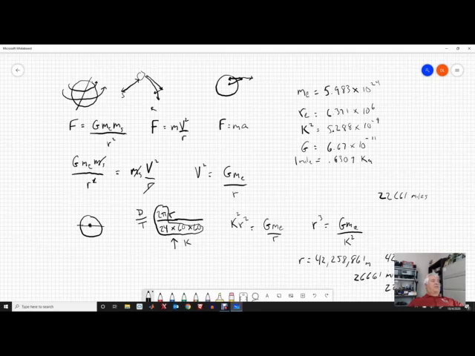I want to point out that there are other orbits possible. We talked about orbits that don't go around the equator. These are very useful orbits for things like GPS satellites, which have to have a fairly low altitude in order to be able to pick up a signal with a pocket-held handheld device.